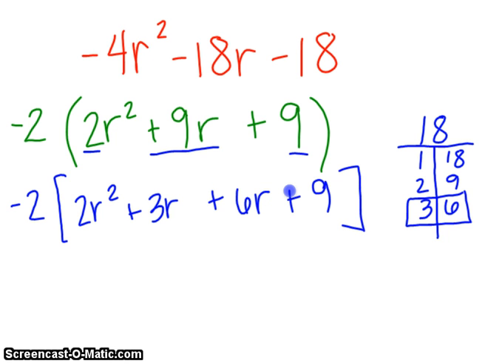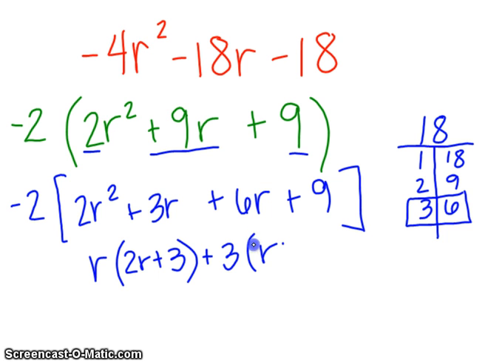And if I look at this, I need to figure out, is this enough? Can I factor something common out of each of these? It looks like I could factor out an r from the first set. So we would have r times the quantity 2r plus 3. And I could factor a 3 out of the second set. So plus 3 times the quantity, whoops, I forgot that number, 2r plus 3.